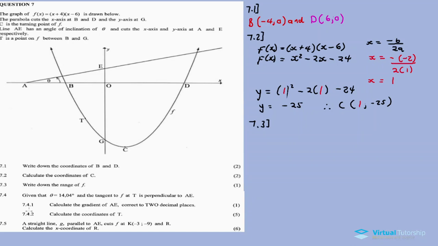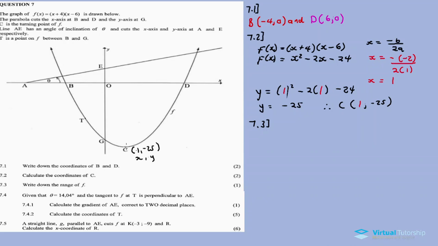7.3, write down the range of f. The range for f is where your graph has valid y values. This is the parabolic function with turning point coordinates (1; minus 25). This is x, this is y.